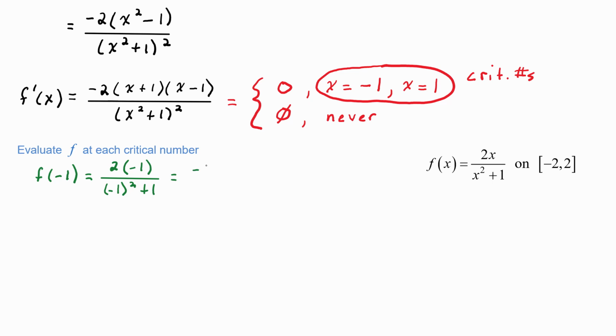So that simplifies to -2 over +2, which equals -1. The other critical number is x equals 1, so we have to do f of 1, which would be 2 times 1 in the numerator over 1 squared plus 1 in the denominator. So this is 2 over 2, which equals +1.